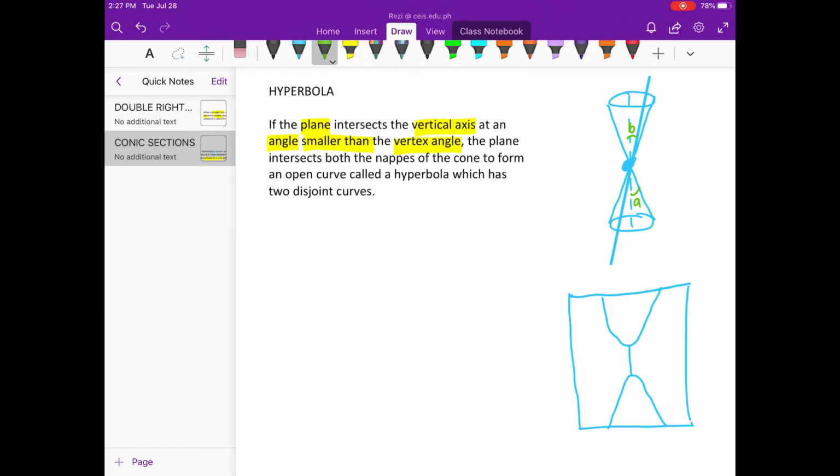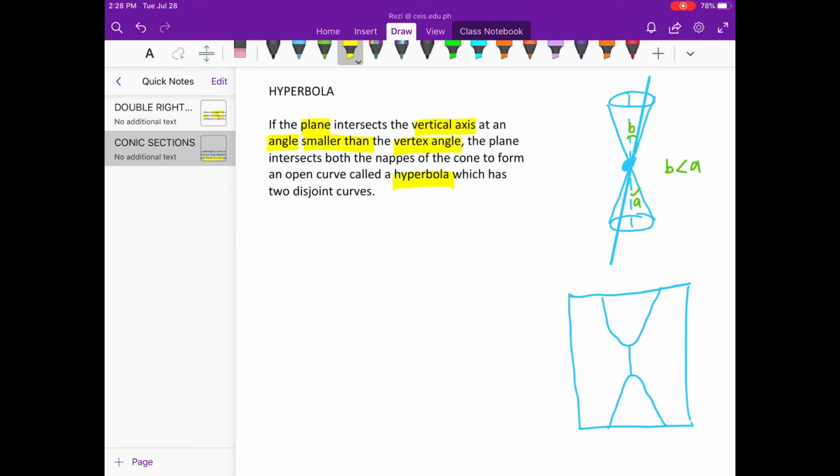Call it angle A. So if B is less than A, or smaller than angle A, an open curve called hyperbola will be formed.